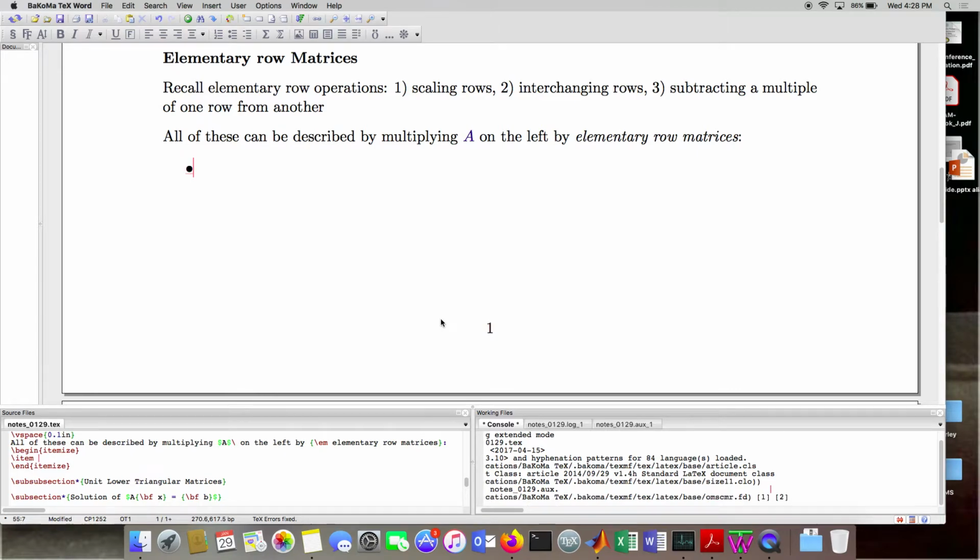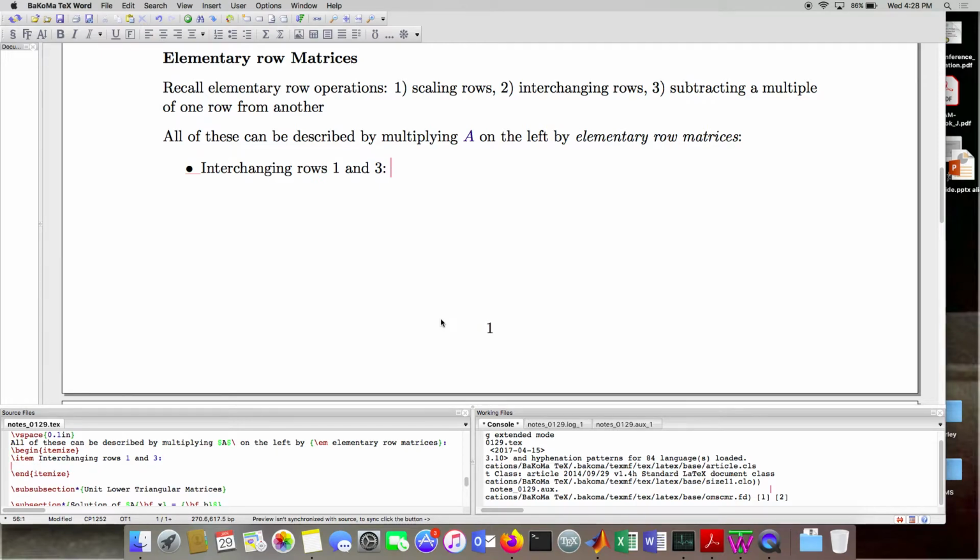All right. So interchanging rows 1 and 3. Okay.